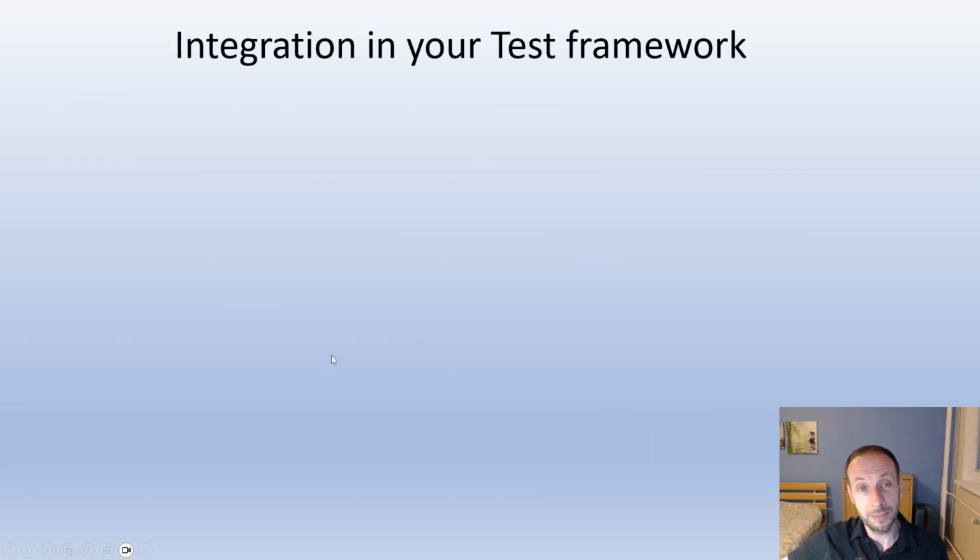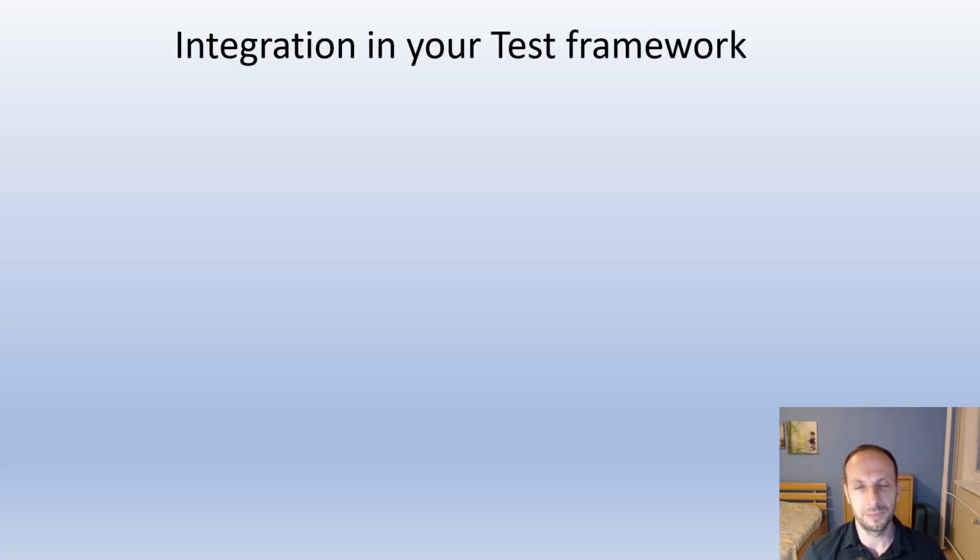Next question is how we can integrate Report Portal into our test automation framework. And basically, it's straightforward. You just add some dependency to files which are coming from the creators of Report Portal. For example, in Maven, you just add a dependency. The classes from the creators will be downloaded.